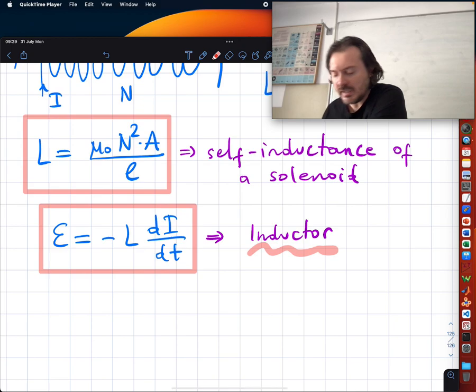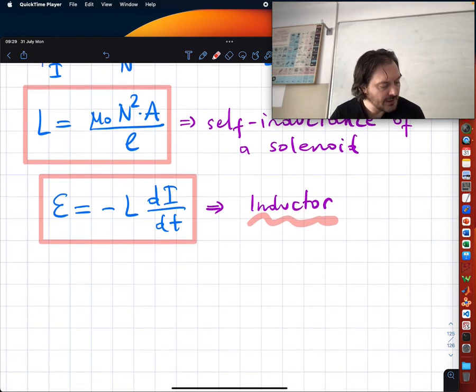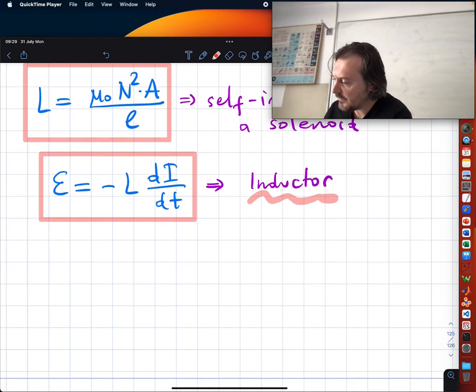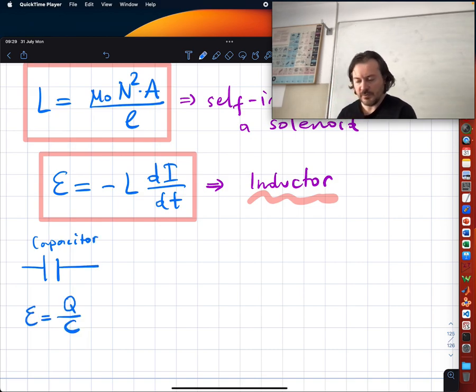A solenoid by itself is an inductor because its EMF is affected by the change in its current, right? So what does it tell you? Let me remind you what we had before. We had a capacitor that looks like this, and the EMF of the capacitor was Q over C. It was directly proportional to the charge on it.